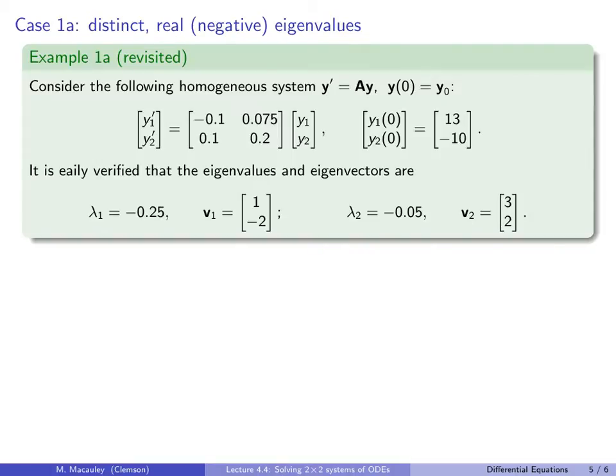So the first thing to do is write down the general solution, and we know this. Our big theorem says once we have the eigenvalues and eigenvectors, we're done.